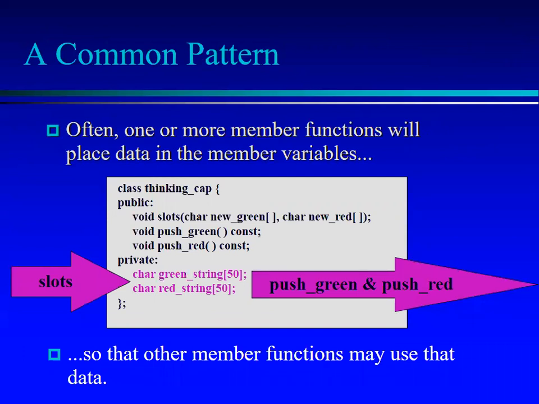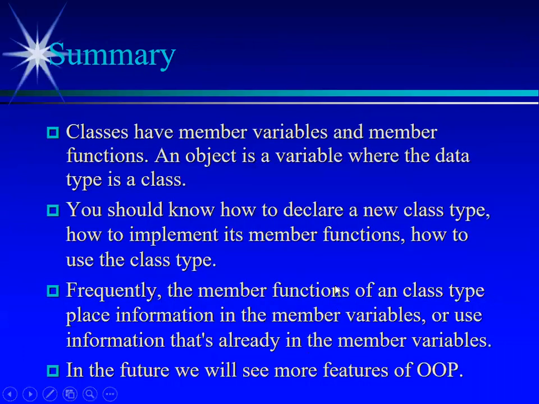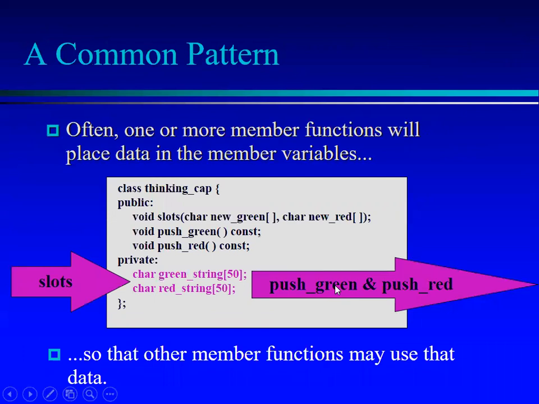So a common platform: push_green, push_red. We have already seen that, and in a slot we are sending this as an input so that other member functions may use that data.